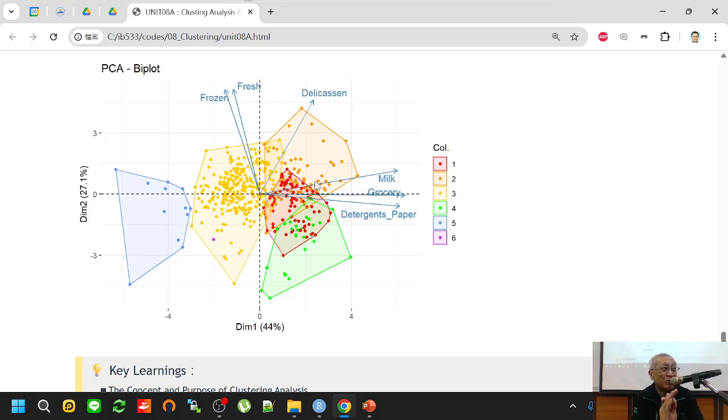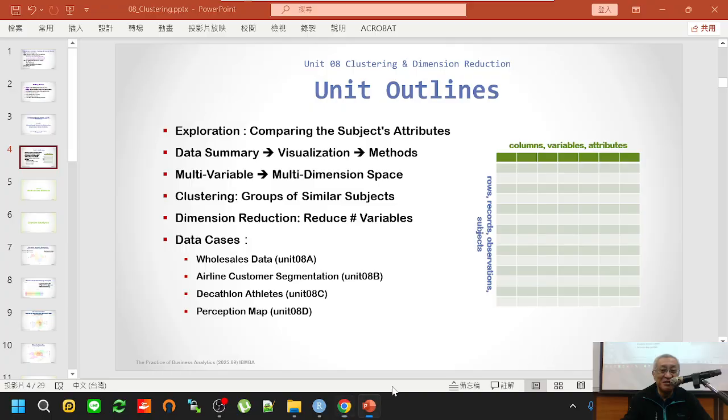if you have the chance to do some advanced data exploration, because nowadays business data is becoming larger and larger, which means that you will have more and more data records, right? And you will have more and more variables, right?